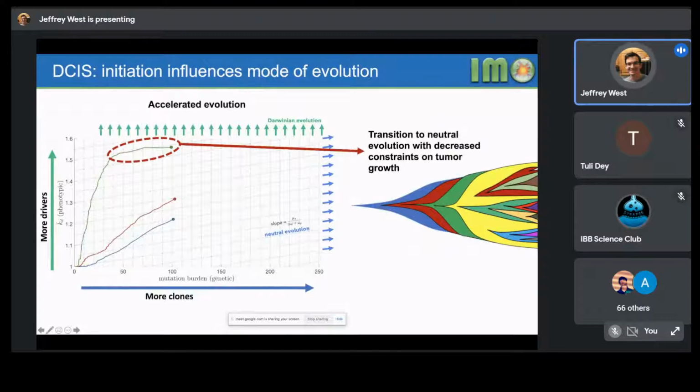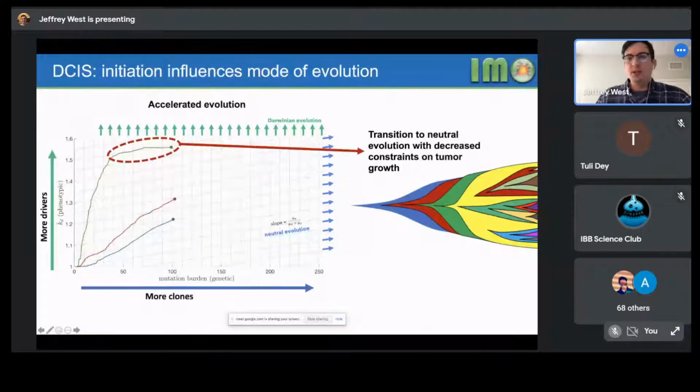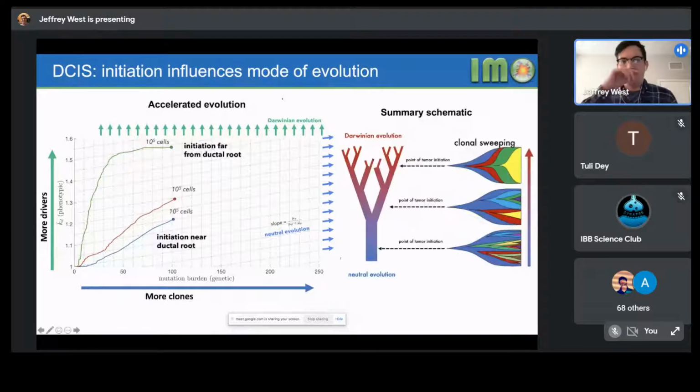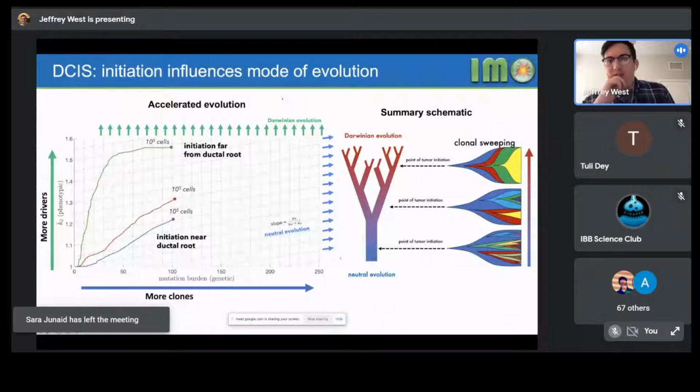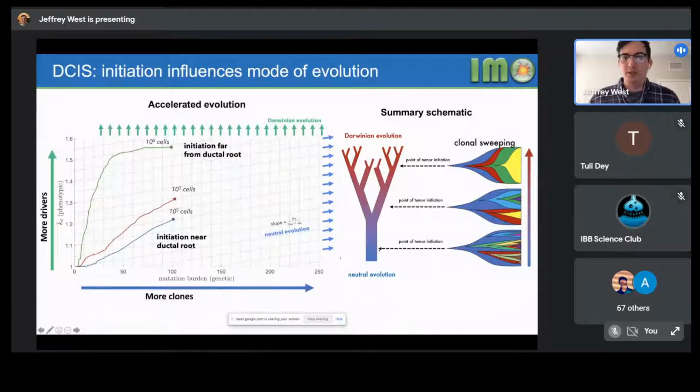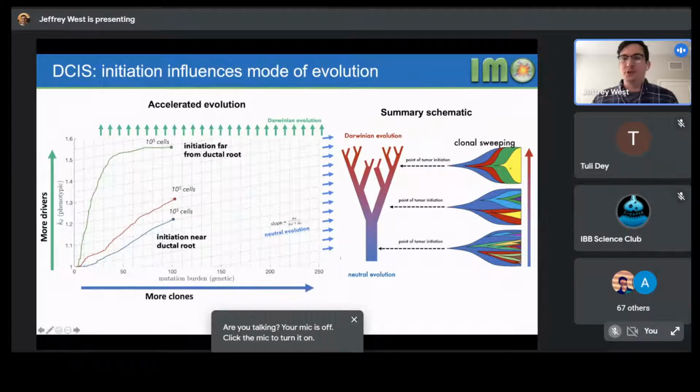Basically this kind of a structure in tumor evolution. Early in tumor initiation, we get lots of clonal sweeps, and then it eventually merges into a more neutral style of evolution. So this is our summary schematic that we showed before. And basically, we can say that the point of tumor initiation, either in these large branches or small branches, governs the mode of evolution from Darwinian on the top to neutral on the bottom.